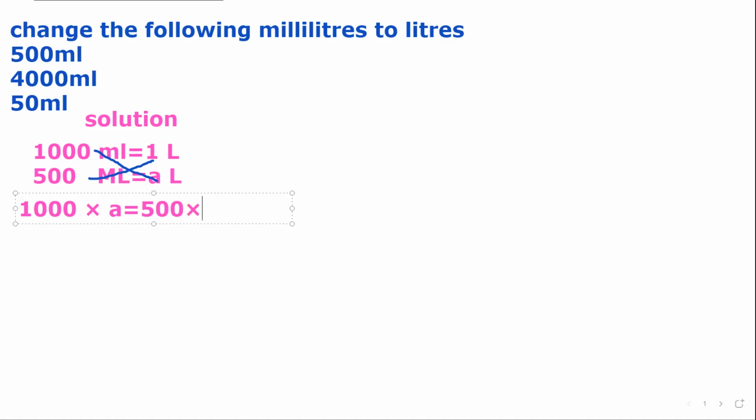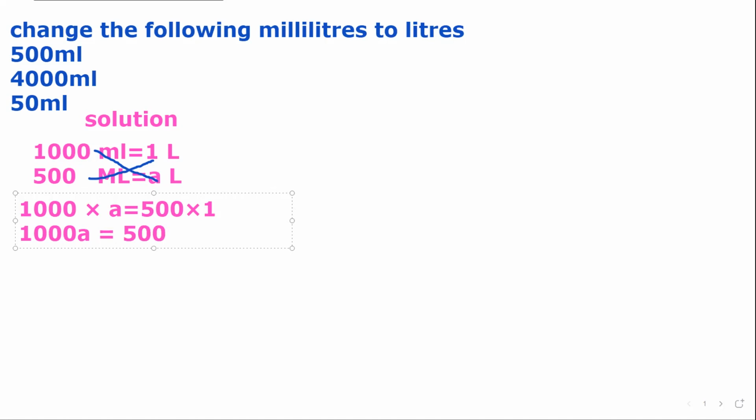By 1. The coefficient of 1 liter here is 1. The next step, you have 1000 times A is 1000A, which is equal to 500 times 1, which is 500.